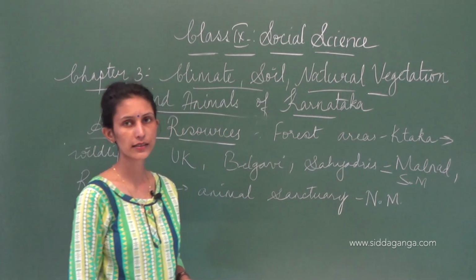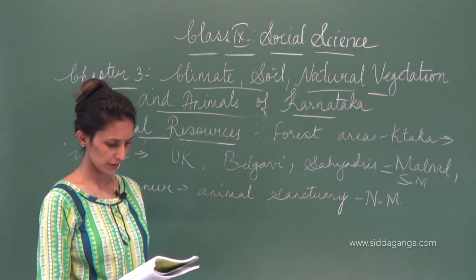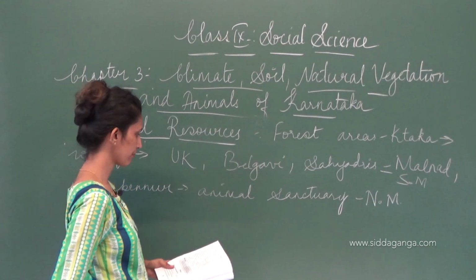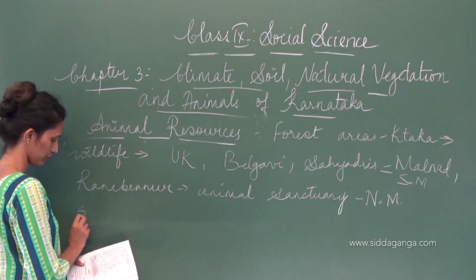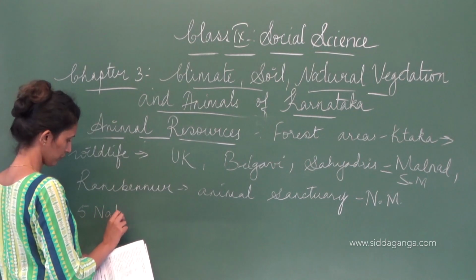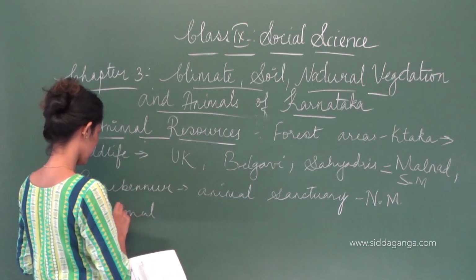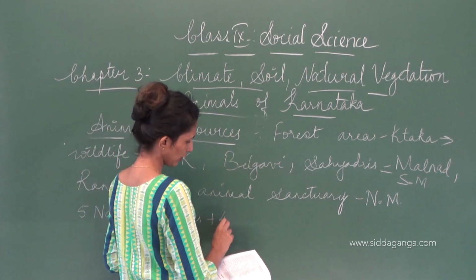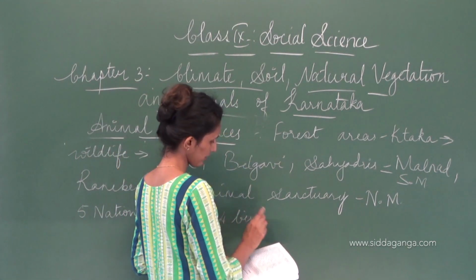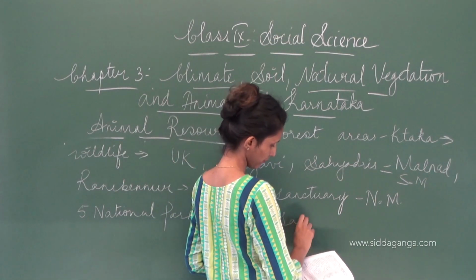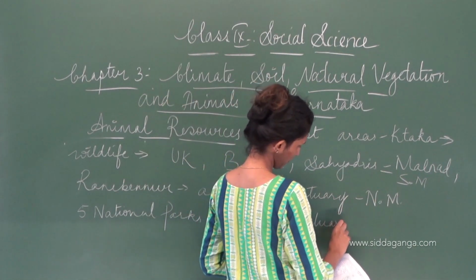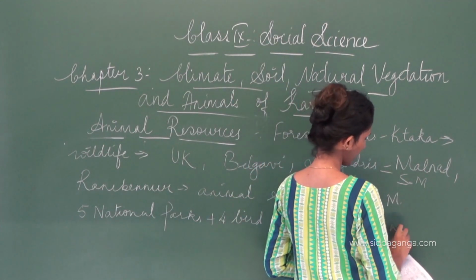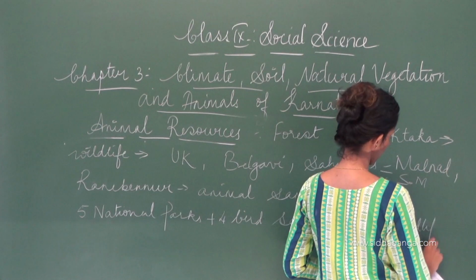In northern Maidan it is Ranebennur, okay. Now, how many national parks? We have 5 national parks, 4 bird sanctuaries, and 17 wildlife sanctuaries.